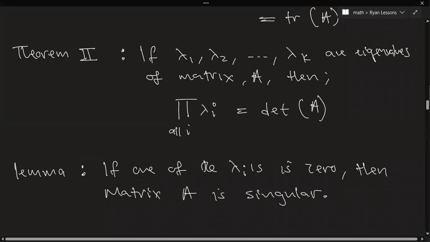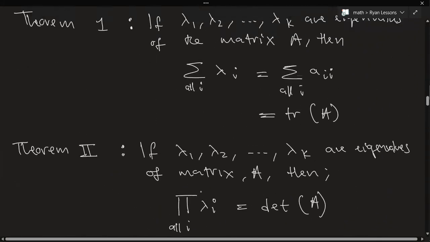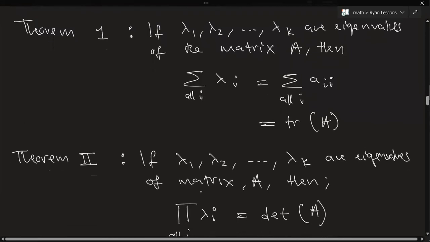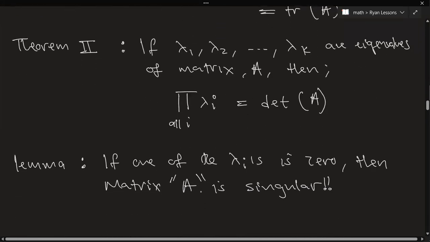So if one of these becomes 0, then the determinant will become 0, and therefore the matrix A becomes singular. This is a beautiful result that you have to know in linear algebra when it comes to eigenvalues. They are beautiful because they can provide all such information.